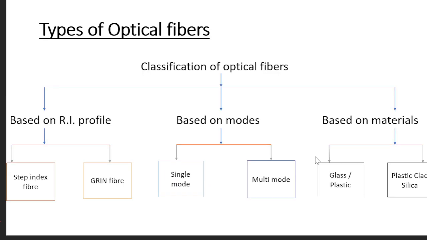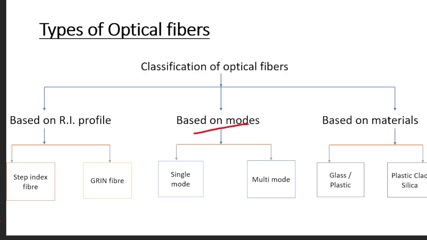So optical fibers are classified on the basis of different parameters. The first parameter is the refractive index. Based on refractive index, step index fiber and graded index fiber are the two types of optical fiber. The second one is based on modes.